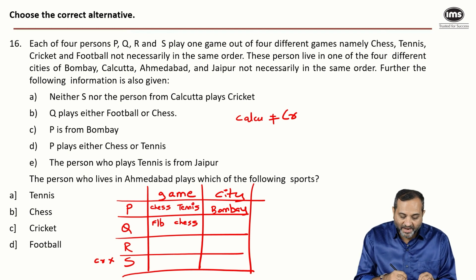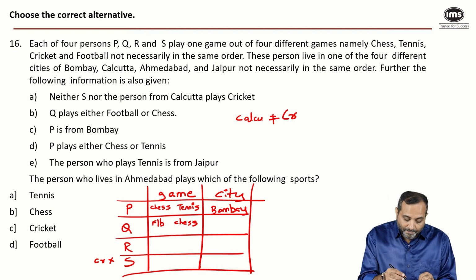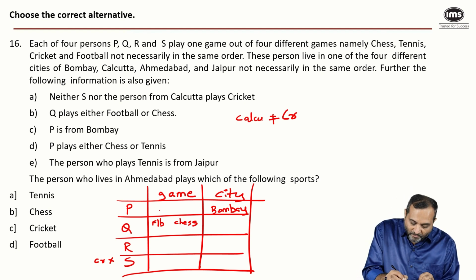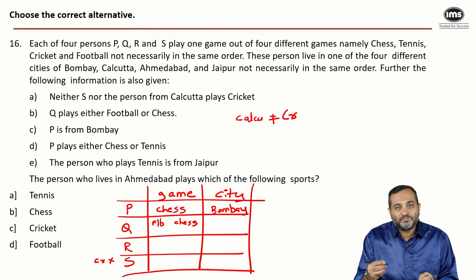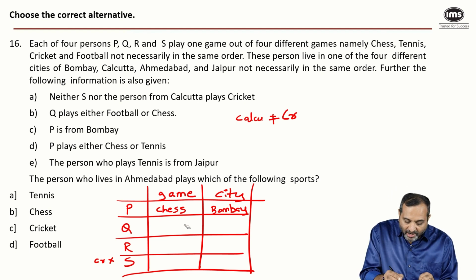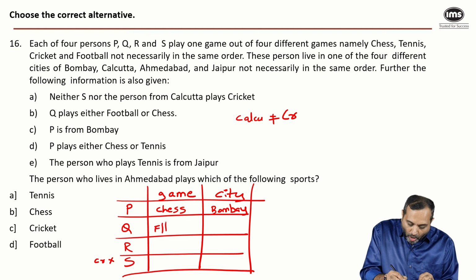The person who plays tennis is from Jaipur. So can I say P is from Bombay? So P definitely now cannot play tennis. So can I say P has to therefore play chess? If P is playing chess, now Q cannot play chess. So Q has to play therefore football.